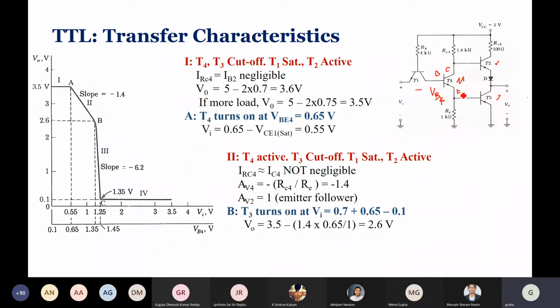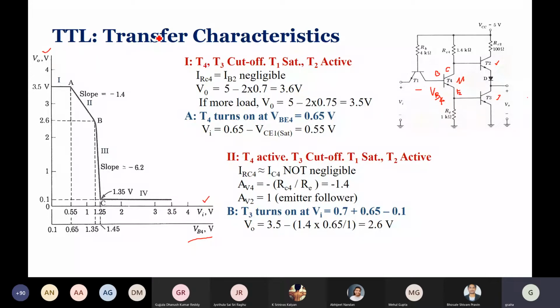That is the convention we are using. So VB4 is the base voltage at transistor T4. Okay. So they have given in addition another axis, which is VB4, and the actual transfer characteristics is VI versus VO.